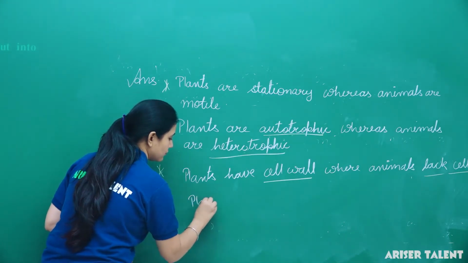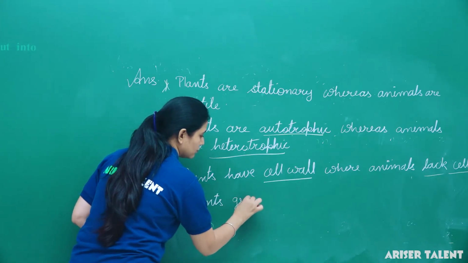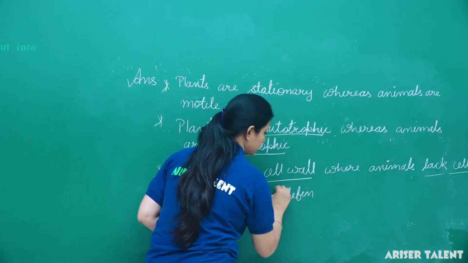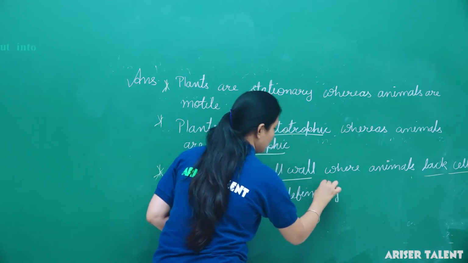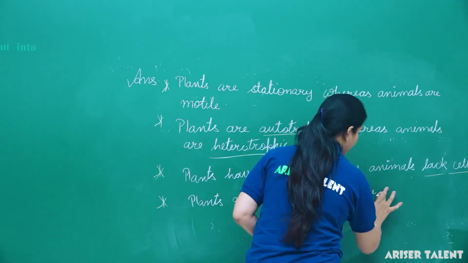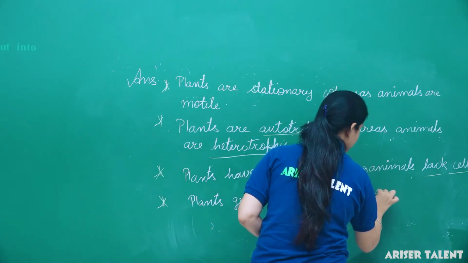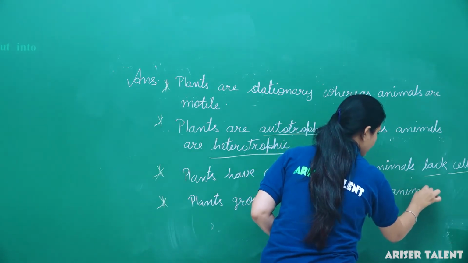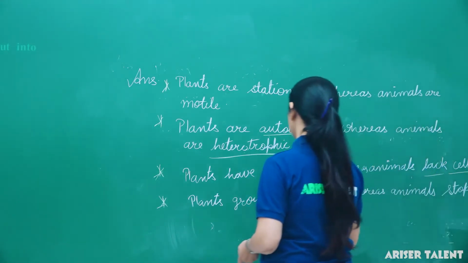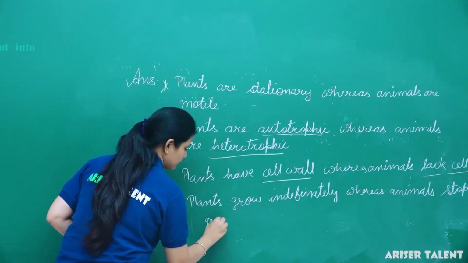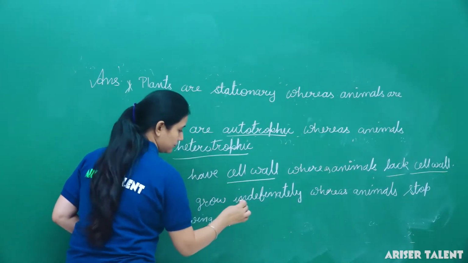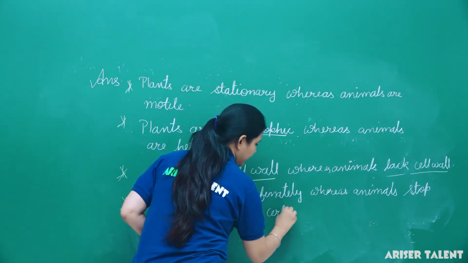Plants grow indefinitely, whereas animals stop growing after a certain time period.